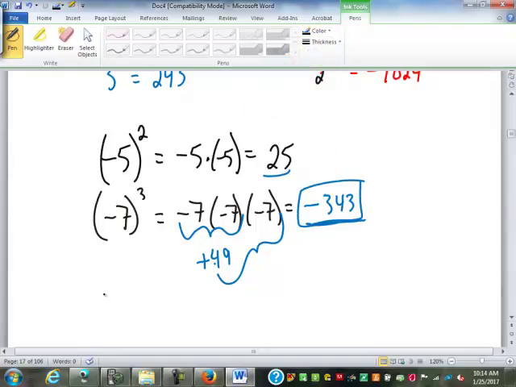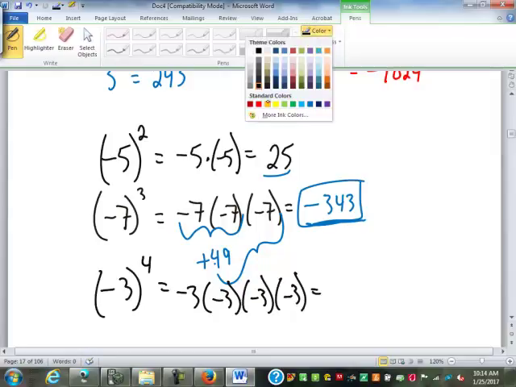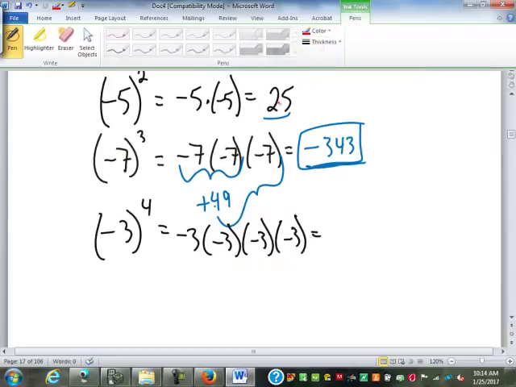Let's do negative 3 to the power of 4. That's negative 3 times negative 3 times negative 3 times negative 3. Negative 3 times negative 3 is what? Positive 9.